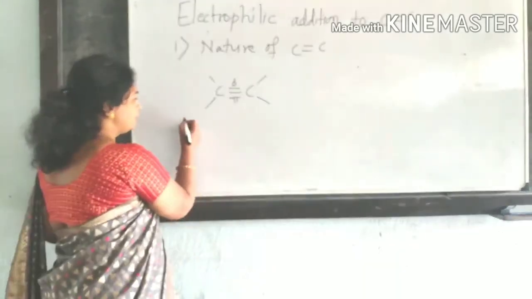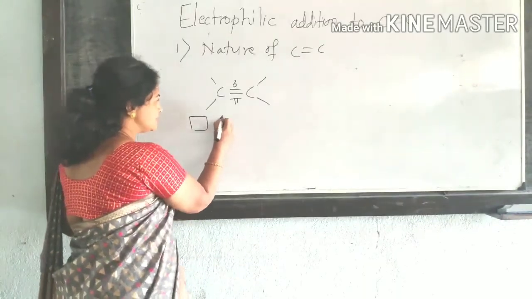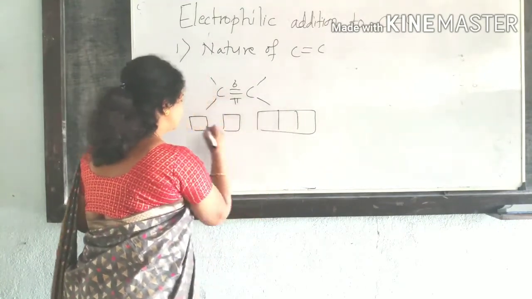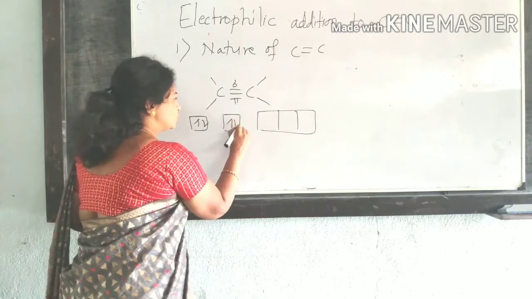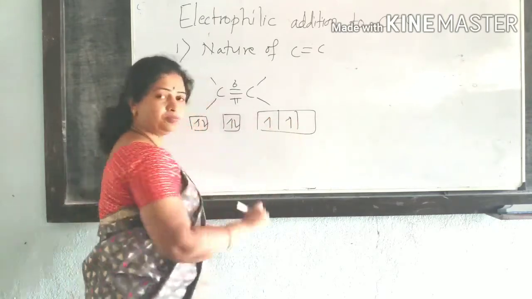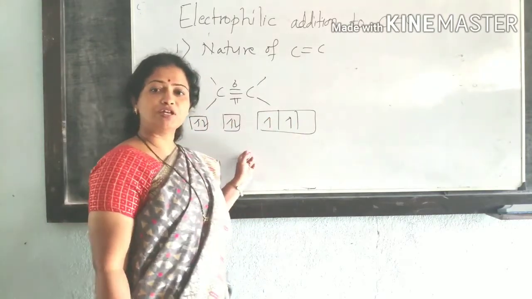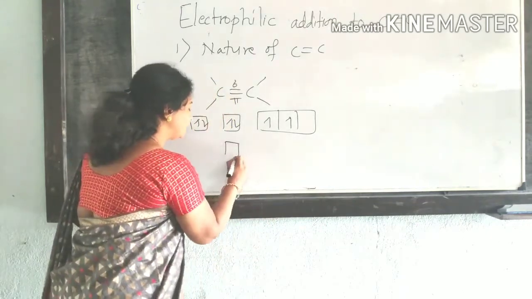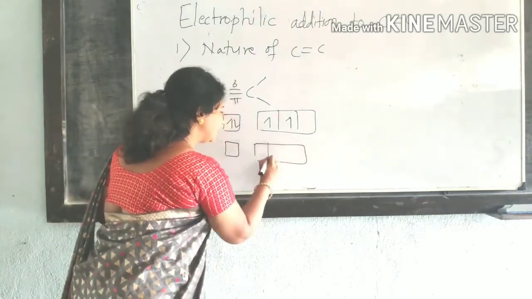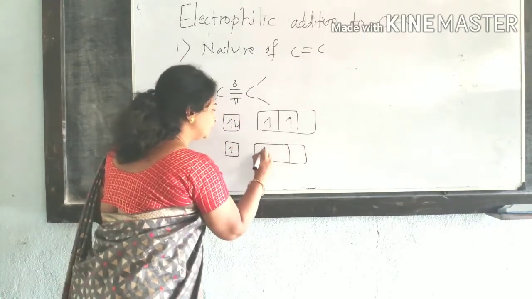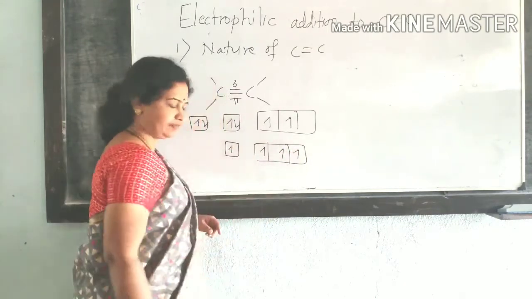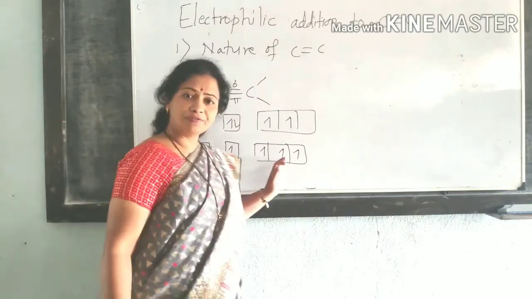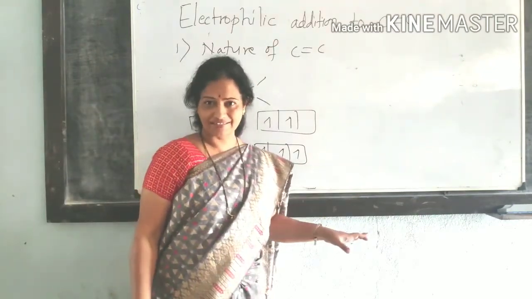As we know, in ground state, carbon has electronic configuration 1s2, 2s2, 2px1 and 2py1. This is the electronic configuration of carbon in ground state. Then, one electron from this 2s level gets excited to the empty 2pz level. And thus, this is the electronic configuration of carbon in its excited state.